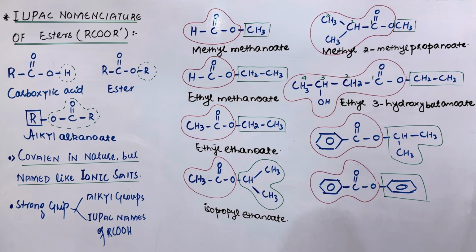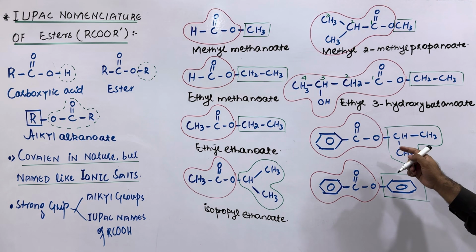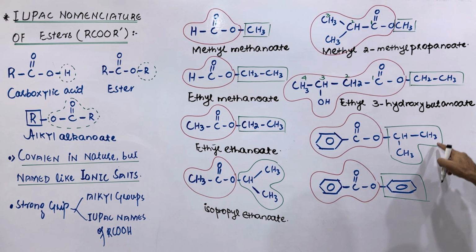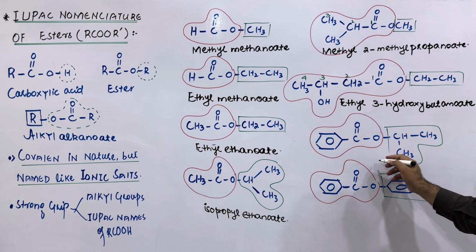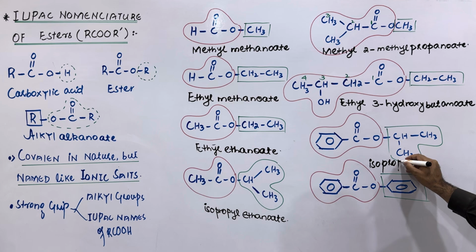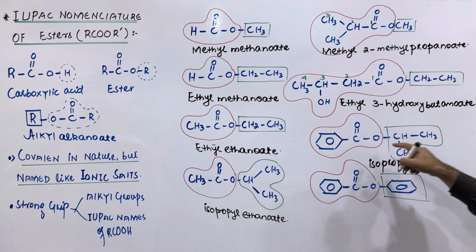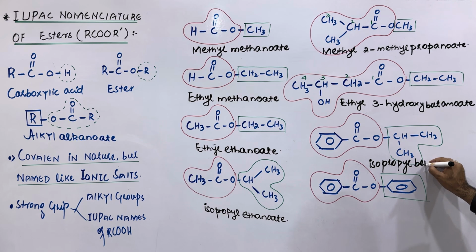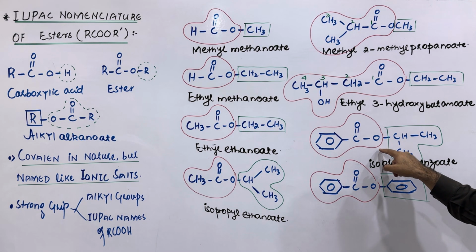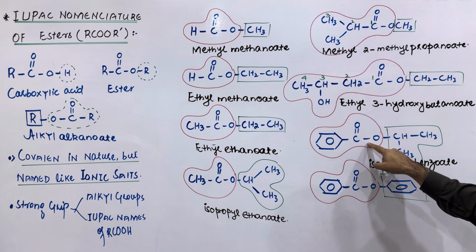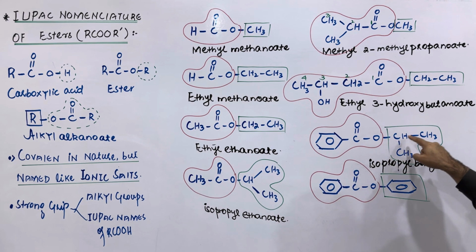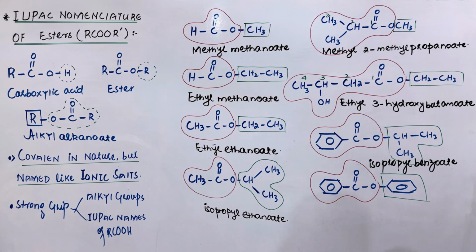Similarly, these are two aromatic esters. Now, my dear students, again, this is the hydrocarbon portion, which is basically isopropyl. And this portion is from benzoic acid, so that will be benzoate. Its name will be isopropyl benzoate, means it is the derivative of the benzoic acid in which the hydrogen of the benzoic acid is replaced by the isopropyl group.